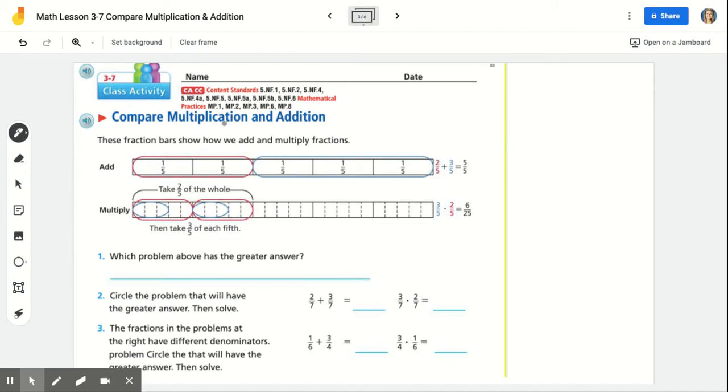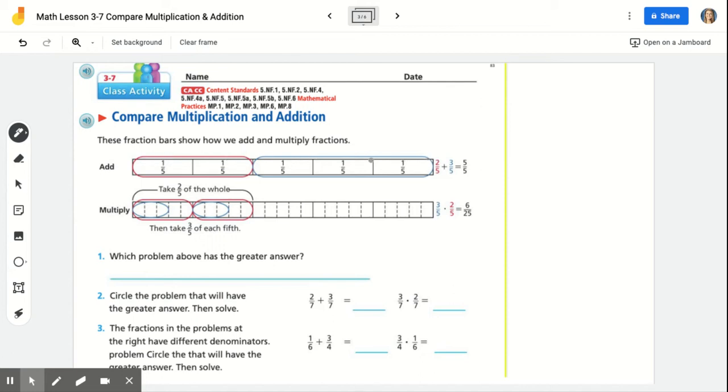They circled 2/5 in red, and then they circled 3/5 in blue. And how they got their answer is, we could say, how many unit fractions are circled in all. So all 5 unit fractions are in fact circled.